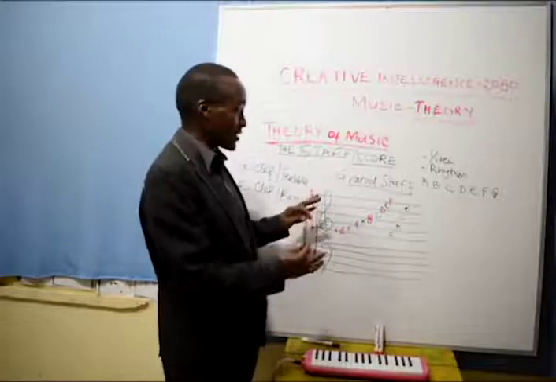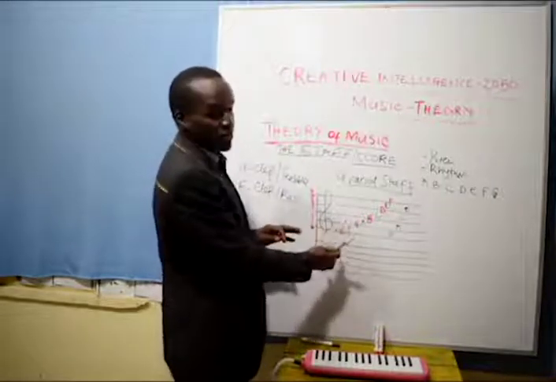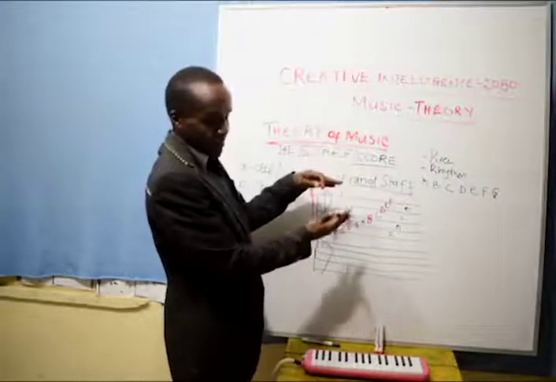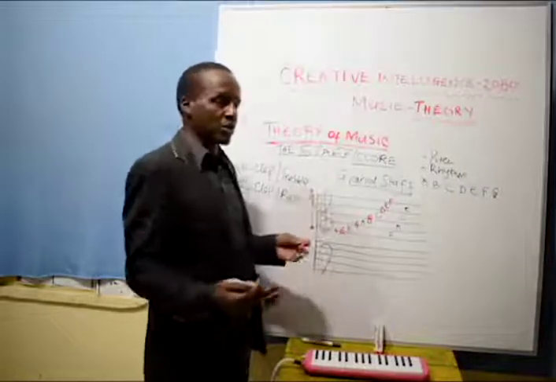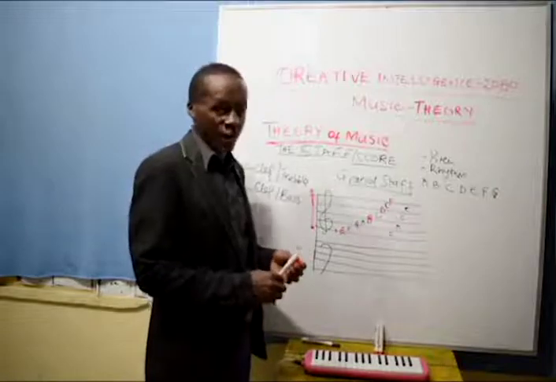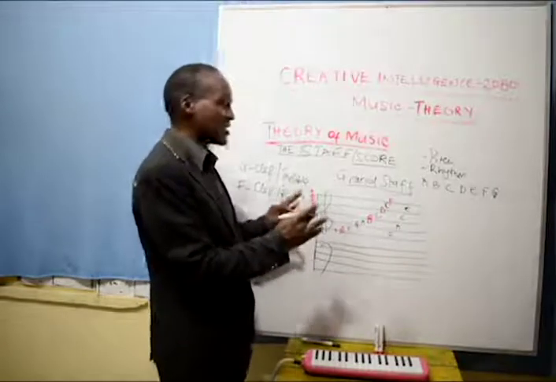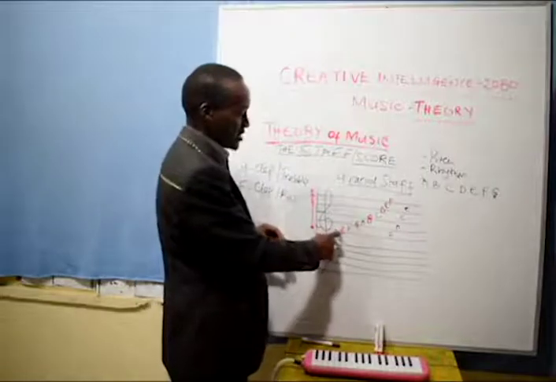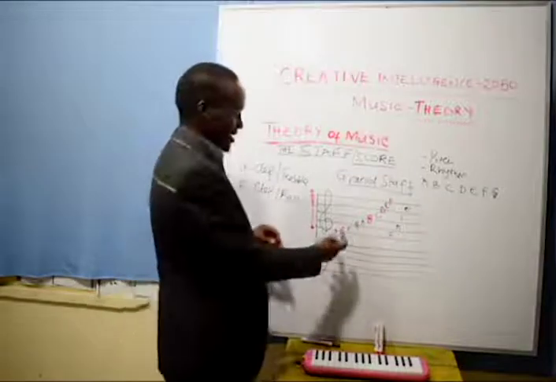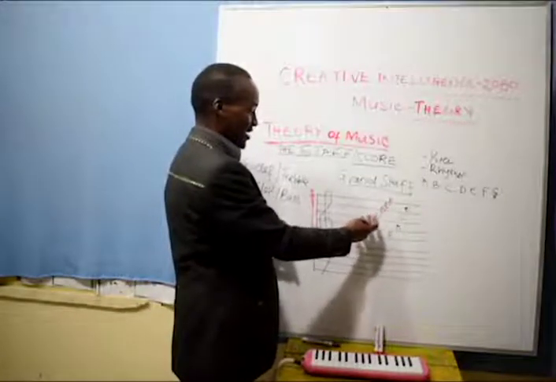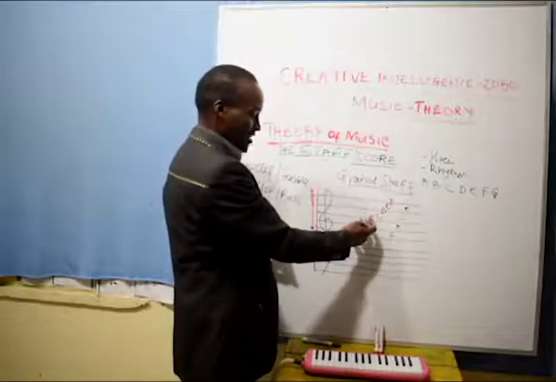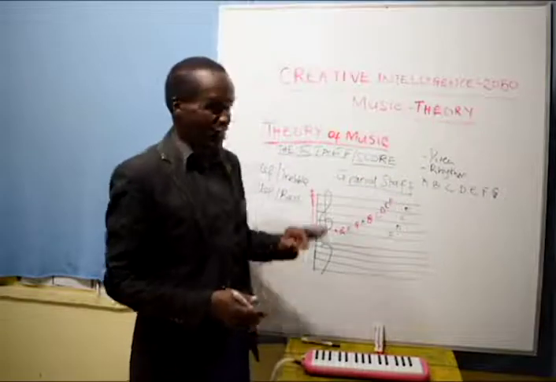You can expand the clef upwards and downwards, using what we call ledger lines for additional pitches, but we don't need to get into that for now. As it appears now, the lowest pitch here is E and the highest pitch is F, and we move progressively, like we said: E, F, G, A, B, C, D, E, F, line, space, line, space, and so on. So that is for the G clef.